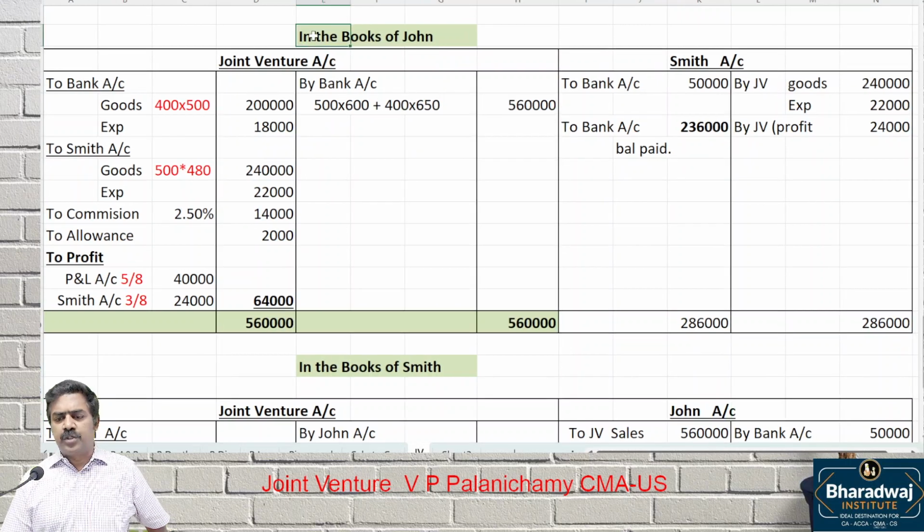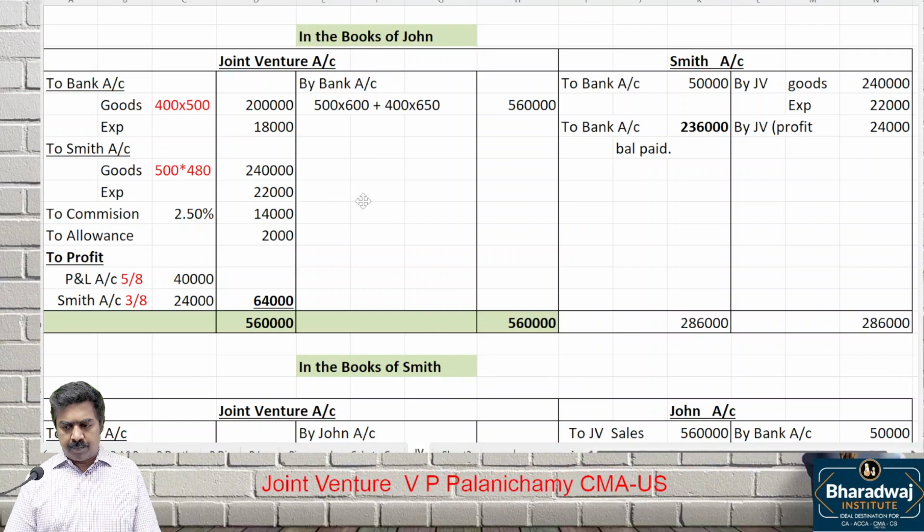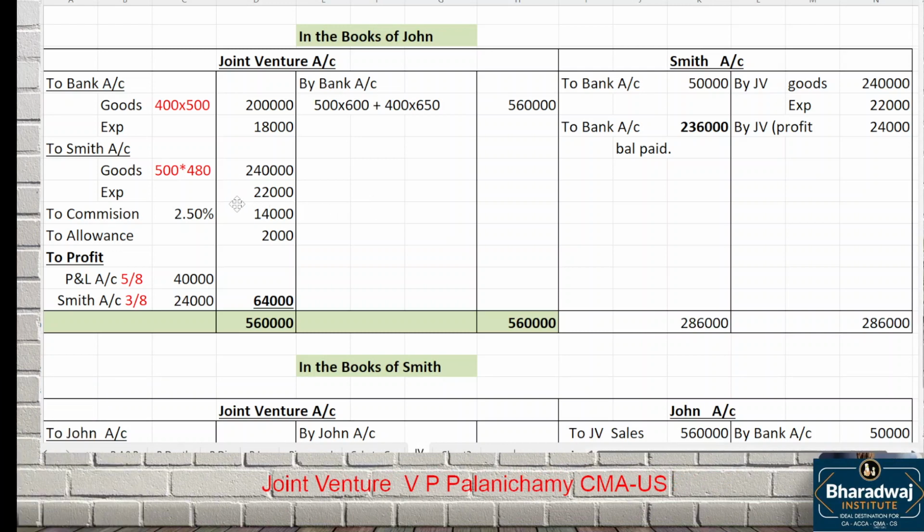First take up in the books of John. Then let us go to in the books of Smith. To bank account, to other co-venturer account.